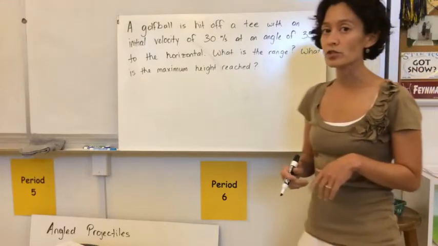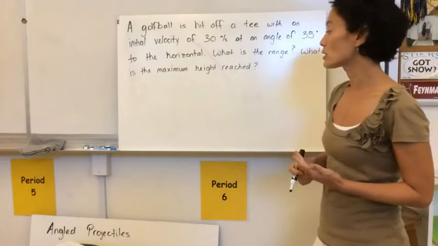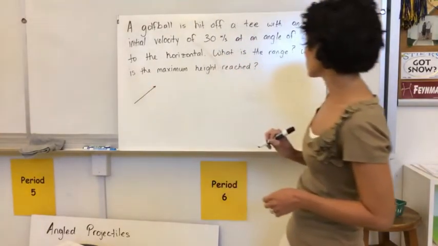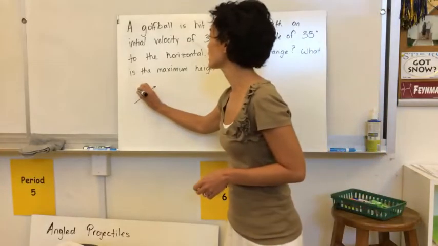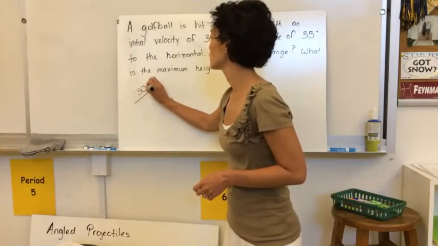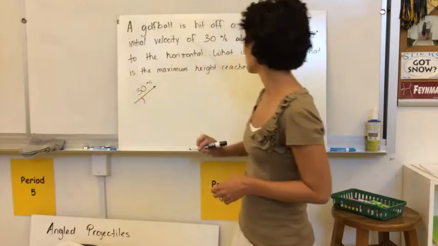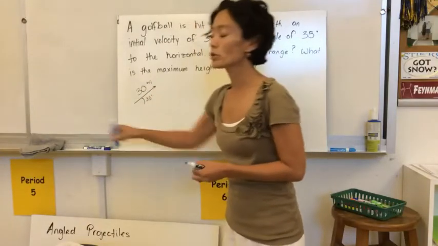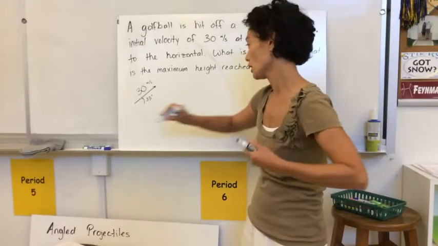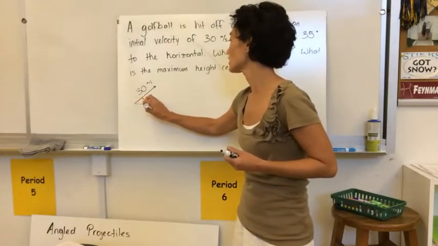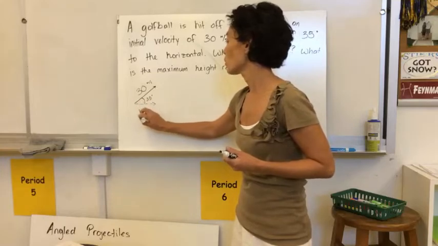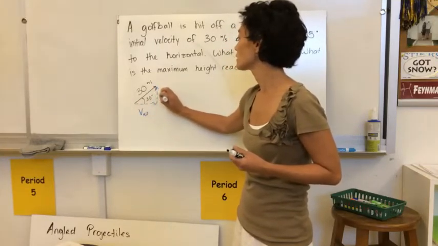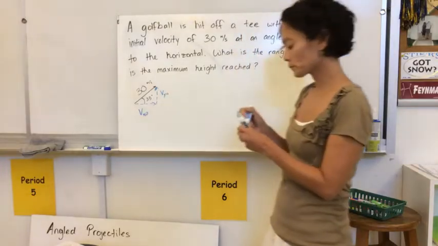So the first thing we have to do is break up that velocity into an x and a y component. And so here is our velocity of 30 meters per second at an angle of 35 degrees. We're going to use just SOHCAHTOA, actually just SO and KA, to figure out what is Vx naught and what is Vy naught.